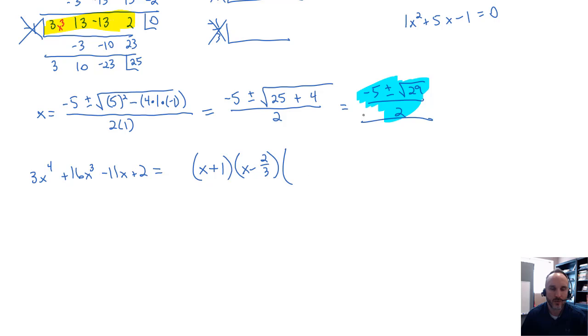And then we have two zeros here. One of them is negative 5 plus the square root of 29 all over 2, so I need to do x minus that. And the other is negative 5 minus the square root of 29 all over 2, so I need to do x minus that.